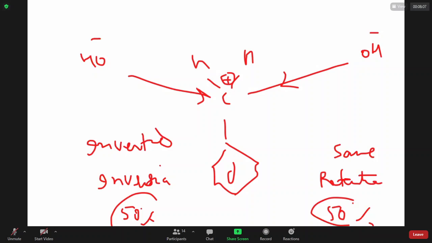Now, whenever there is an SN reaction, there is a competition between SN and elimination. Let us take this compound.